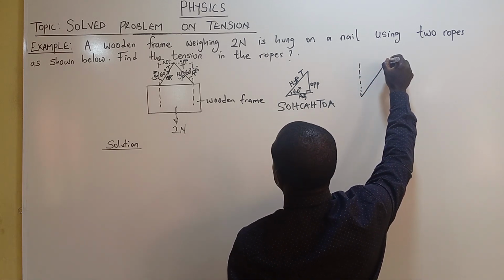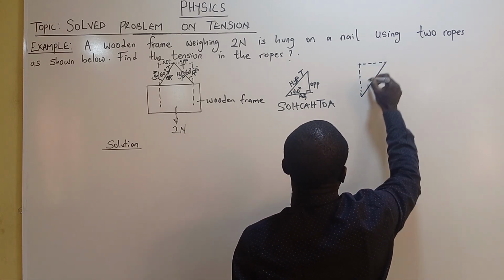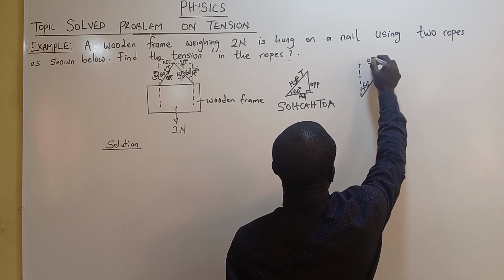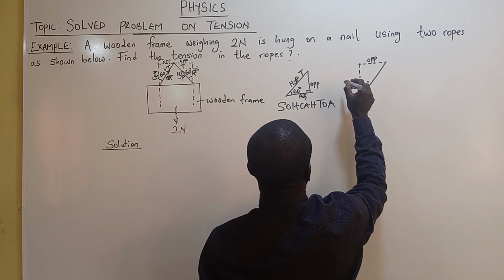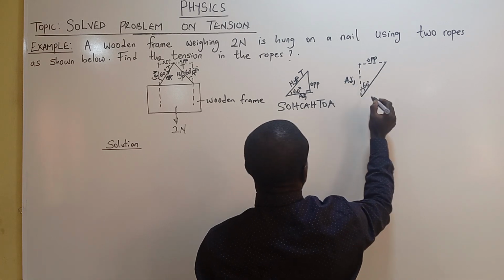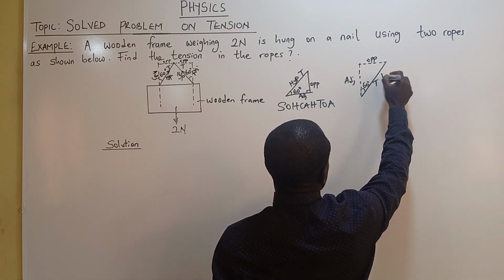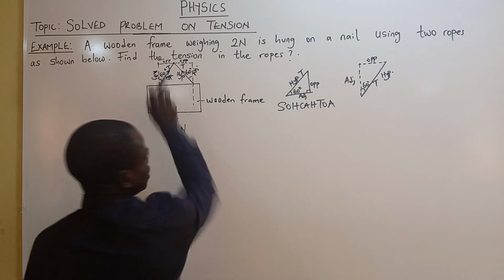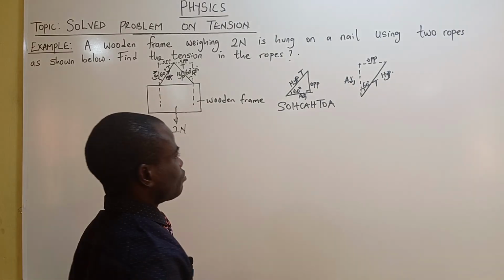You have 60 degree, you have the opposite, you have the adjacent, and you have the tension, which is the hypotenuse. Let it be in this form so that we can relate it directly to the diagram.